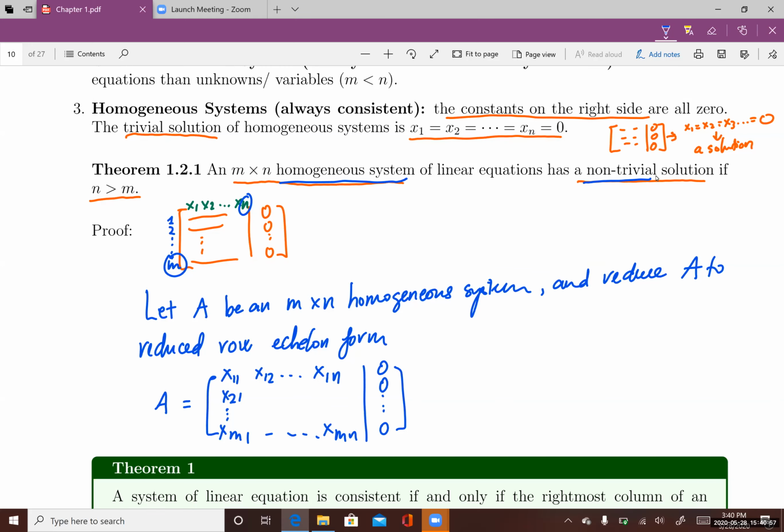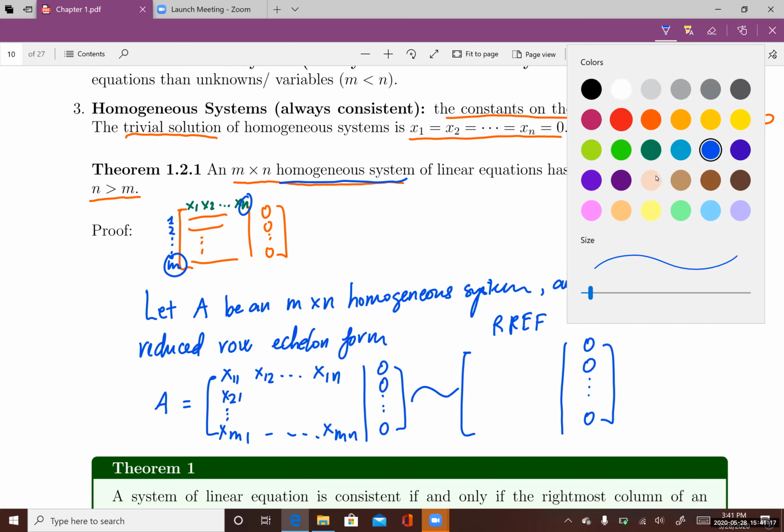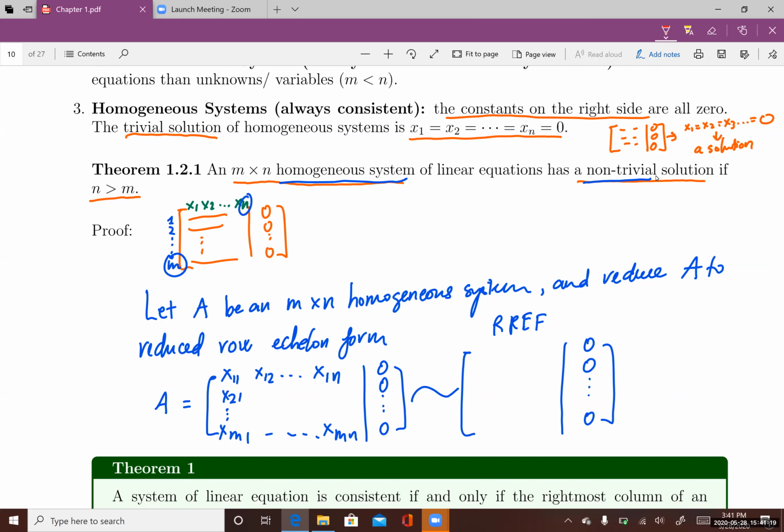Okay. And when you reduce it to the reduced row echelon form, 0 will be just 0. It doesn't matter what operation you apply to 0, it's just 0. And then since you have n columns, that means you will have at least n pivot positions.